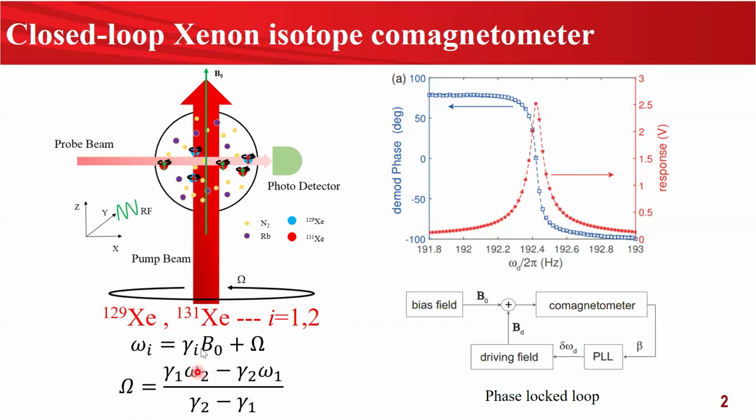And you can see from this expression that the rotation measurement won't be influenced by the fluctuation of the main magnetic field B0.